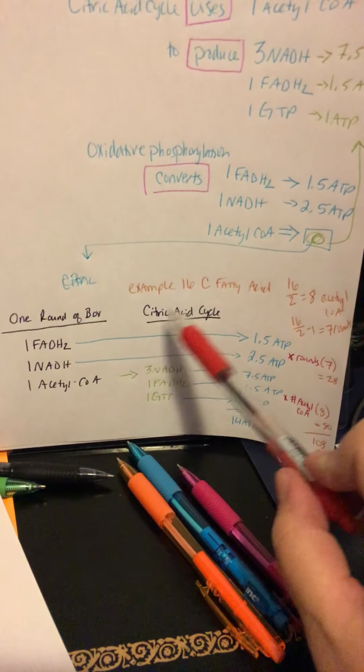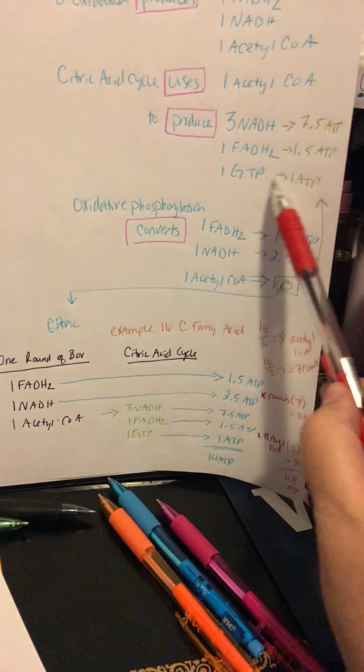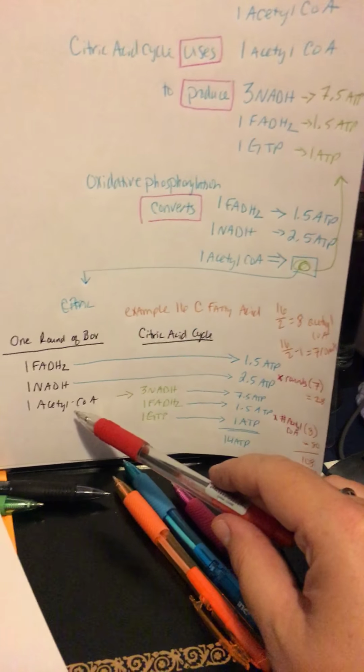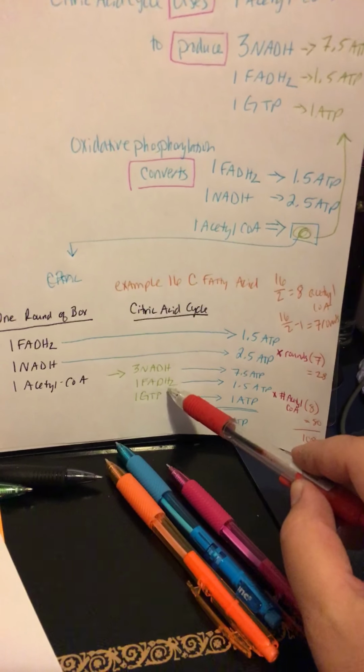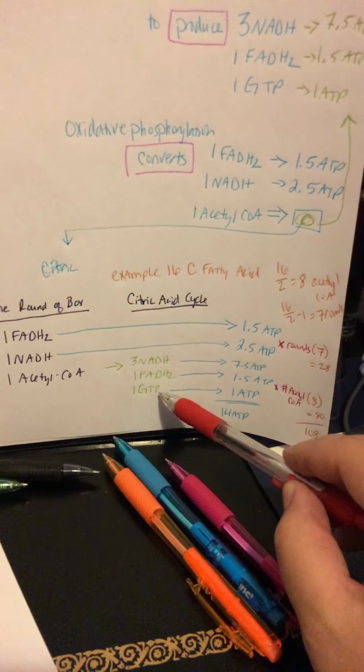In the citric acid cycle, which we just talked about right here, we're going to be producing that 1 acetyl-CoA into 3 NADH2, 1 FADH2, and 1 GTP.